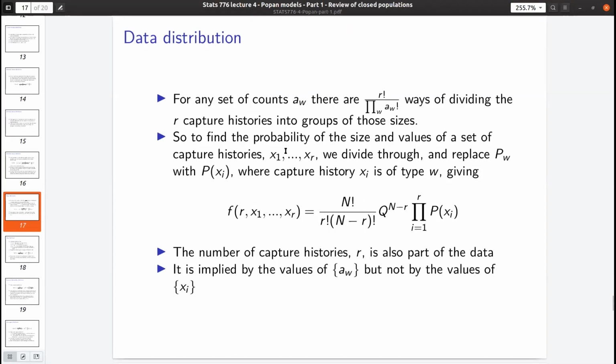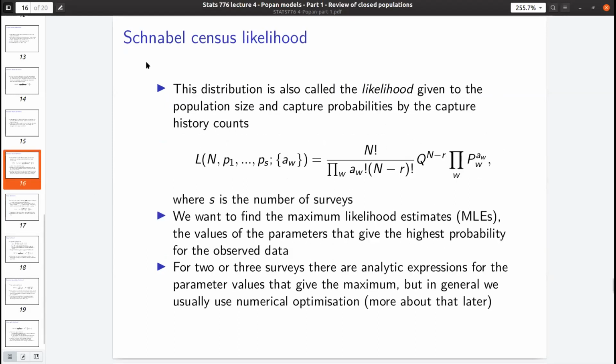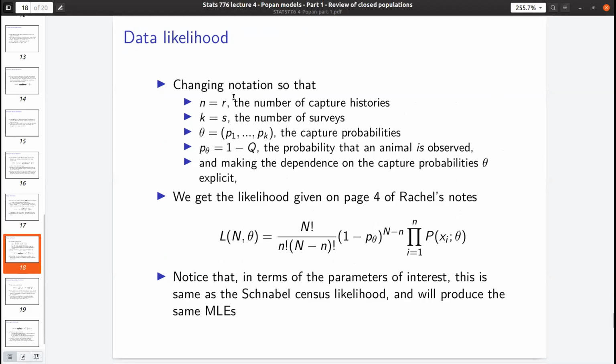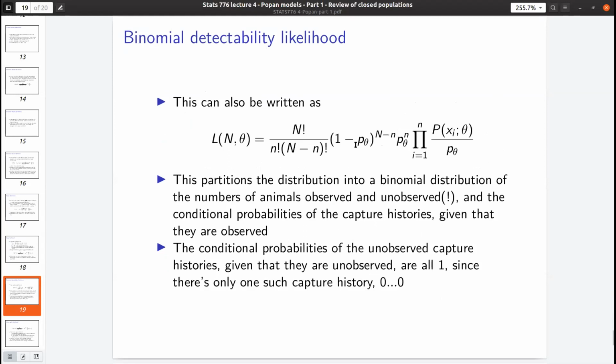And I don't think I explained very well why I was changing from this Schnabel census likelihood to this data likelihood, or as we call it, the binomial detectability likelihood. The reason was just that the Schnabel census likelihood was the version given in lecture 2, but this form is the version that Rachel uses in her notes, both for the closed population likelihood and for the Popan likelihood, which we'll be seeing today.